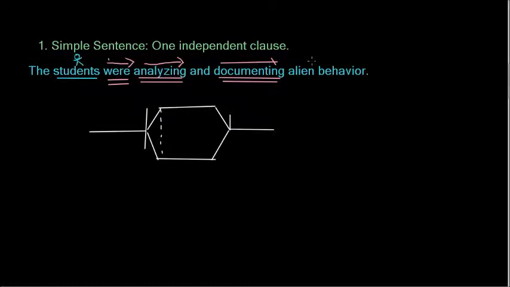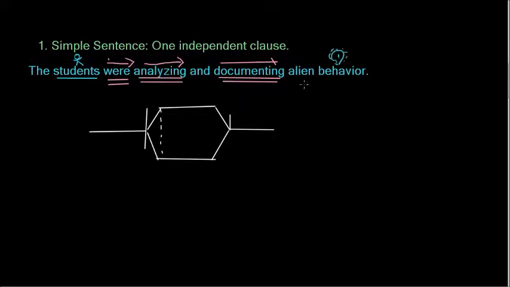Okay, and then we look over here and we have a direct object, and in this case they were analyzing and documenting behavior. So behavior is, of course, a concept. Light bulb here.